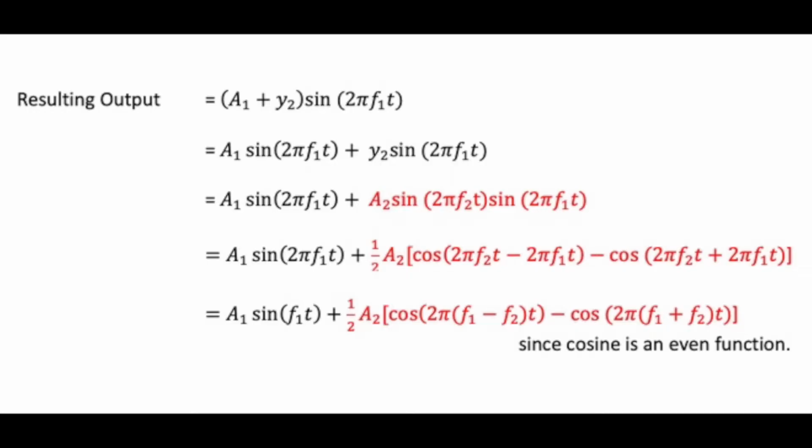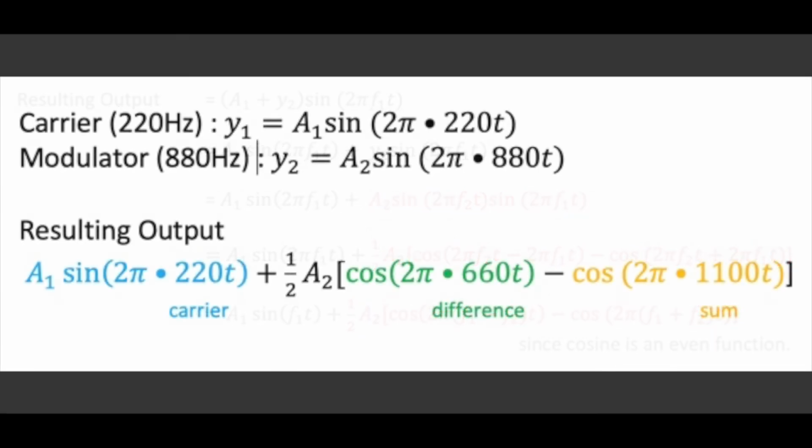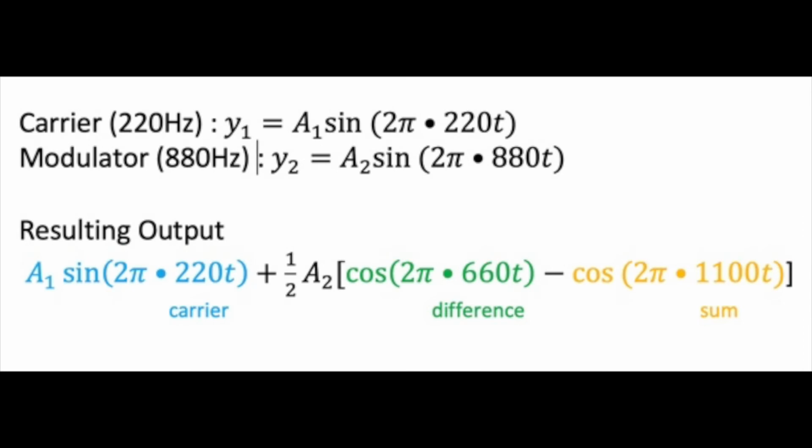The only important thing we need to take away from the result is the following. The first cosine wave has a frequency that is the difference of the original two frequencies, and the second cosine wave has a frequency that is the sum of the original two. If we use our original frequencies, 220 and 880 Hz, this means the result would have the original wave of 220 Hz present along with two others at 660 and 1100 Hz.